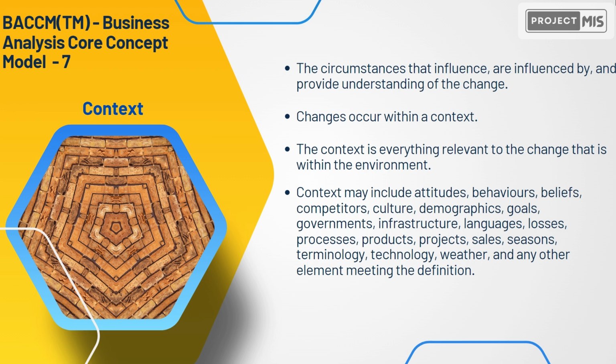If there is a behavior issue with someone, there also we have some kind of impact. Belief, competitor, culture, demographics, there might be very heavy influence. There are a few industries like healthcare and banking where there is a lot of influence from the regulators. So industry to industry, project to project, we may have different kinds of impact of context in the project.